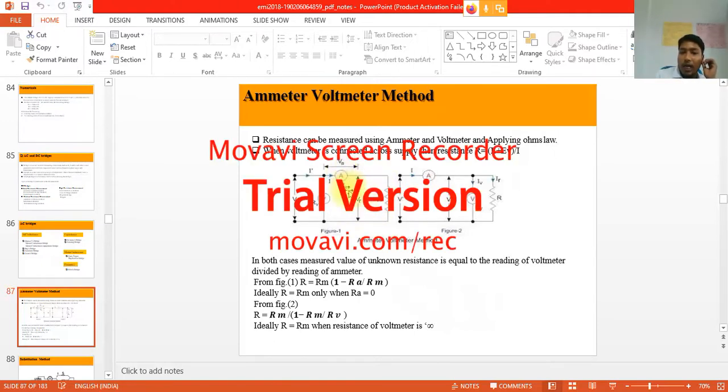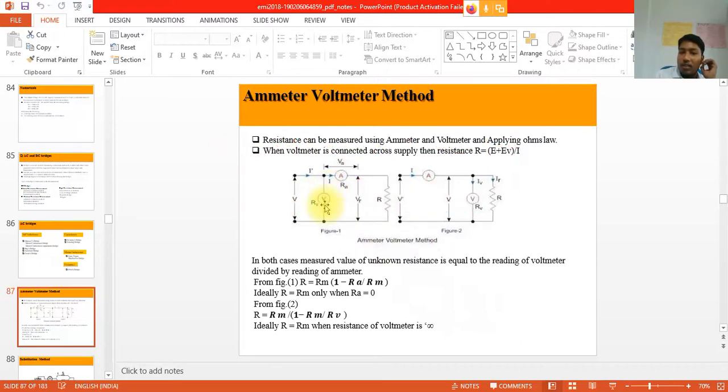The internal resistance of the ammeter is RA, the internal resistance of the voltmeter is RV, and the voltage drop across the ammeter is VA.